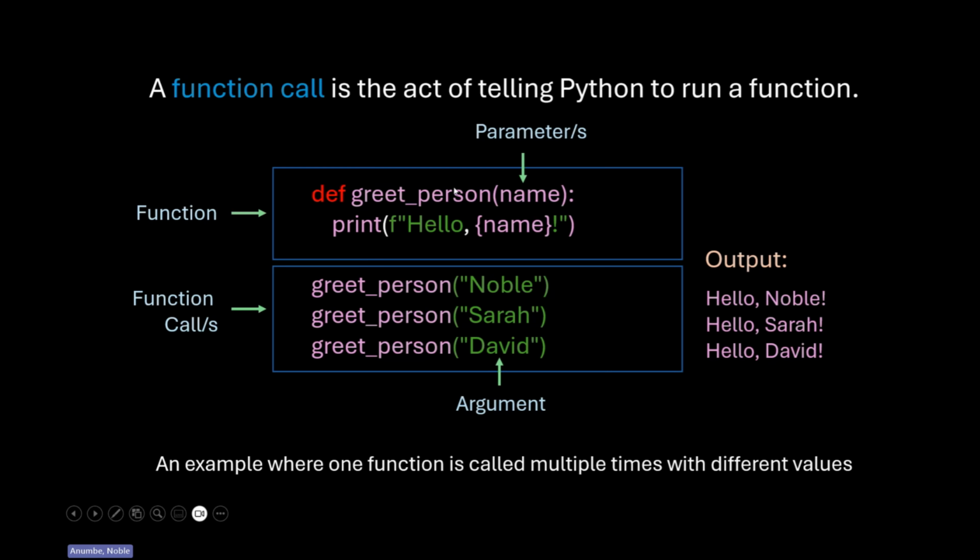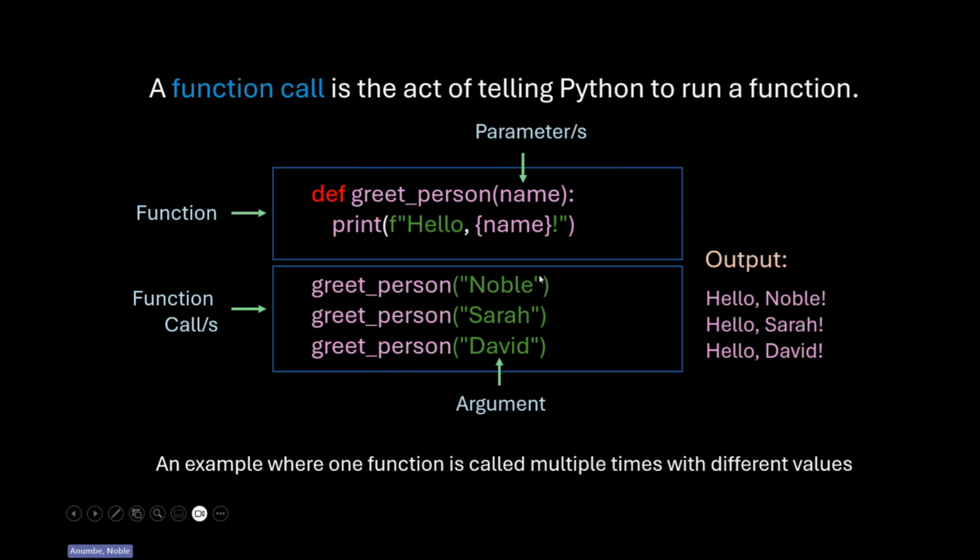So if I want to call this function, all I need to do is come in here and say greet underscore person. But notice what's happening here too: inside the parentheses, I can decide what will map to the parameter. And this thing that maps to the parameter is what we refer to as an argument.